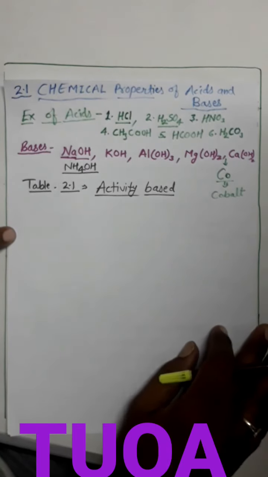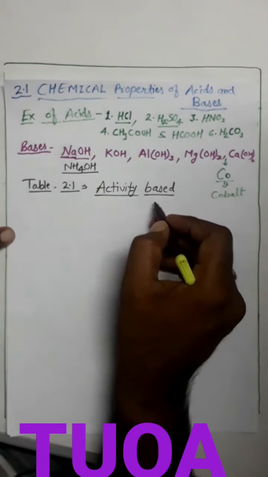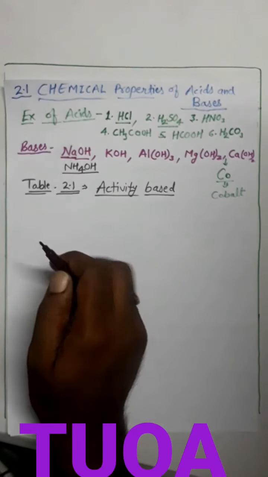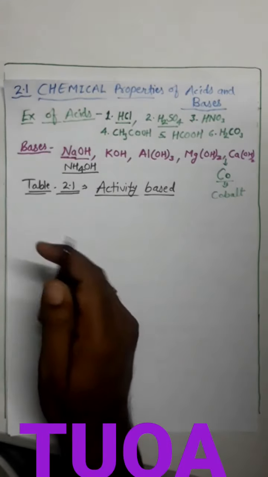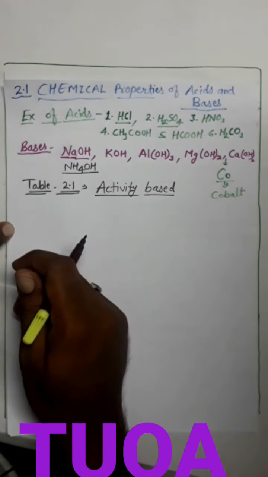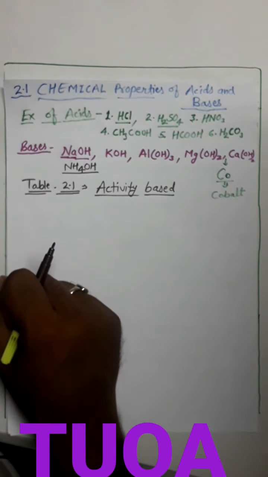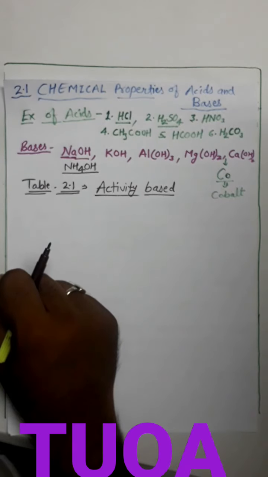After performing that experiment or that activity, you can fill this table 2.1. So here we are not filling this table. After performing the experiment only you can fill this table. Okay, but the important thing is that this table confirms the acidic nature or basic nature of any sample solution.